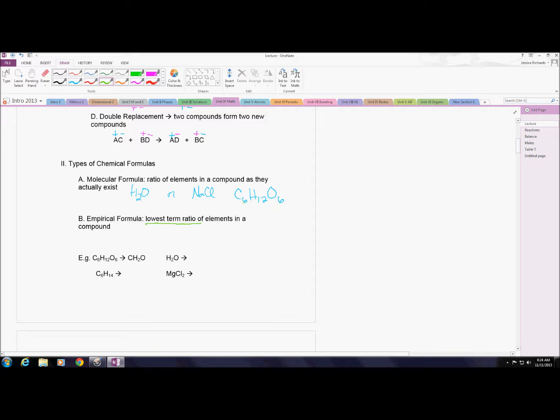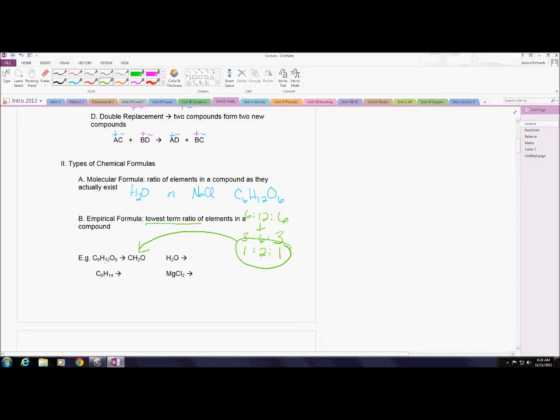But glucose, C6H12O6, this 6 to 12 to 6 ratio reduces down to 3 to 6 to 3, 1 to 2 to 1. So this would be your lowest term ratio. That would be glucose's empirical formula.